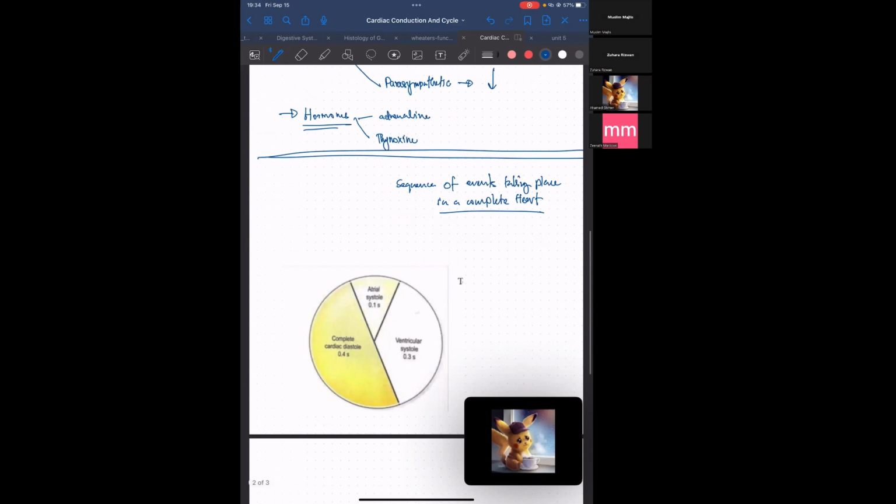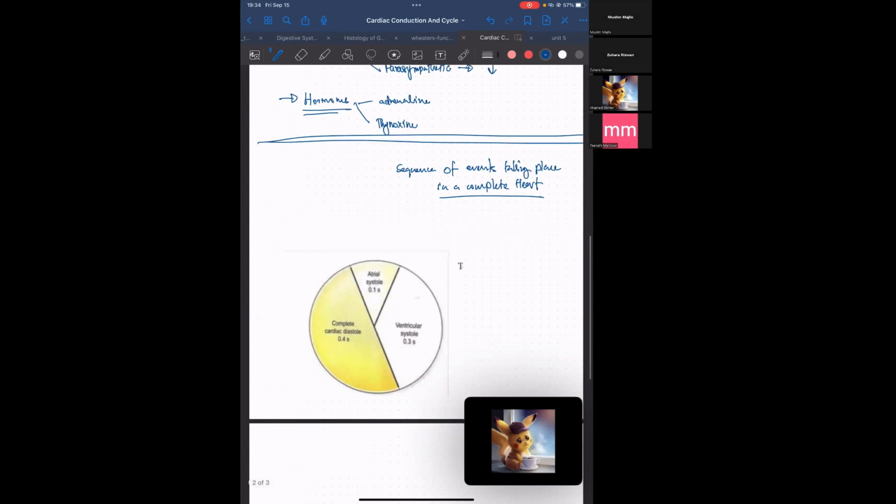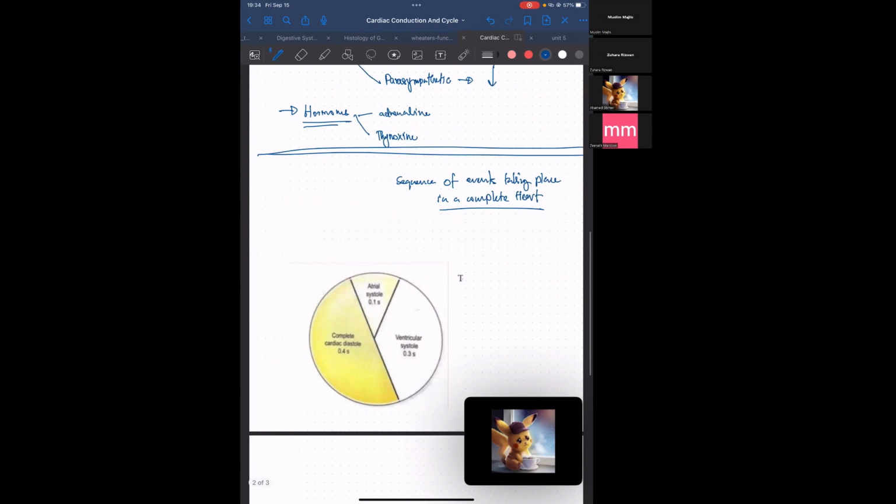All right, so the sequence of events taking place in a complete heartbeat, where the atria relax and the ventricles relax.